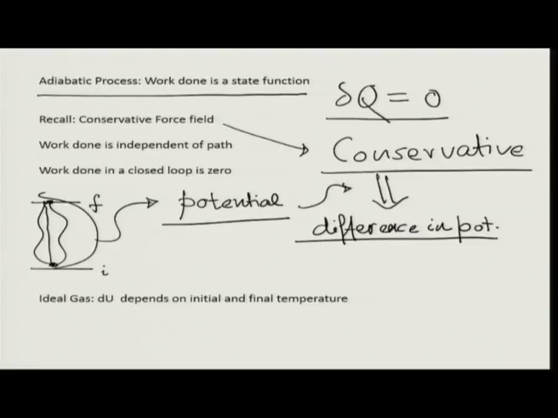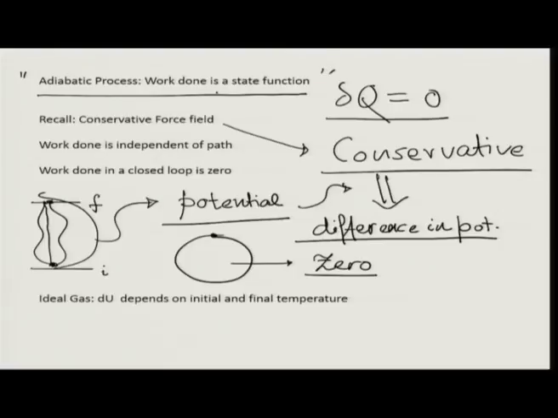It doesn't depend on the path. And if I do a work in a closed loop in a conservative force field, I start from here and I come back to this point, net work done is 0, because I come back to the same position, potential is the same, so change in potential is 0, that is why my work done will always be equal to 0.